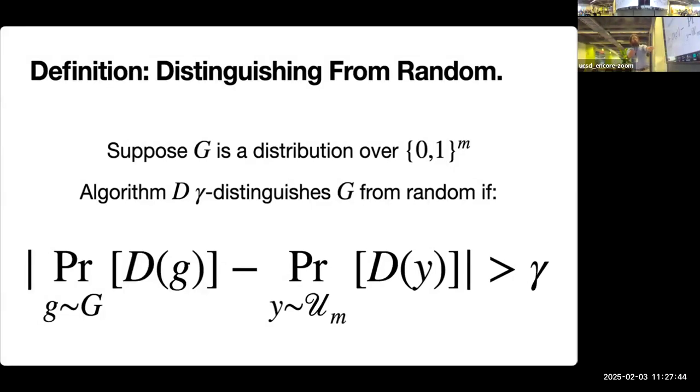So we've got two terms over here. One of them is how much the distinguisher enjoys saying yes to inputs from the generator. So what's the bias towards the distribution G, right? Probability that when we sample little g from distribution G, the distinguisher says yes, minus the probability when we sample y from m truly random bits that the distinguisher says yes.